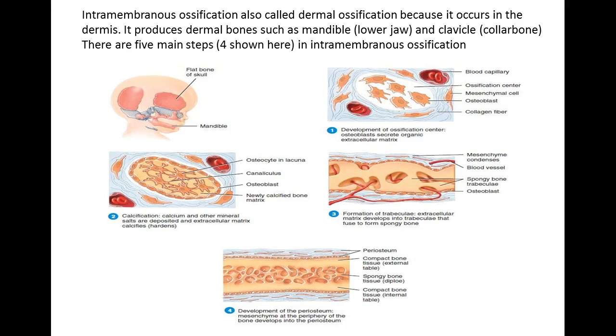And then the last thing that happens is the spongy bone gets remodeled into a layer of compact bone. So you have the periosteum, you have compact bone, you have spongy bone. It's like the spongy bone sandwich.